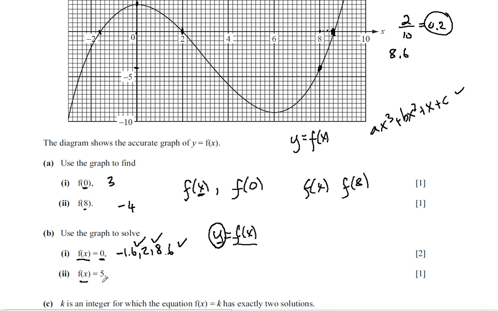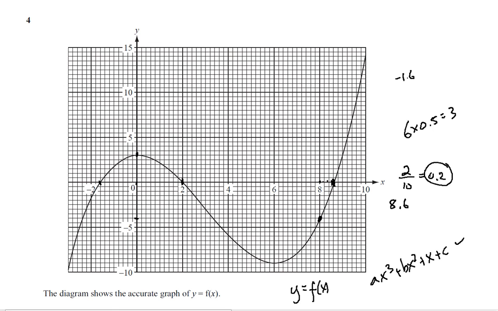Where does your graph have a y of 5? For which x values? If you had a ruler, you just take your ruler, draw a line through 5, and find where your graph touches that line.